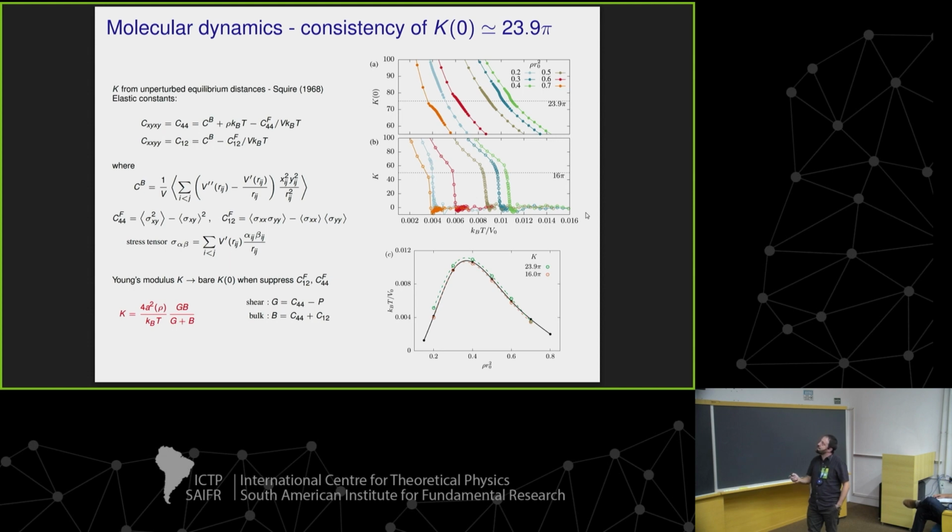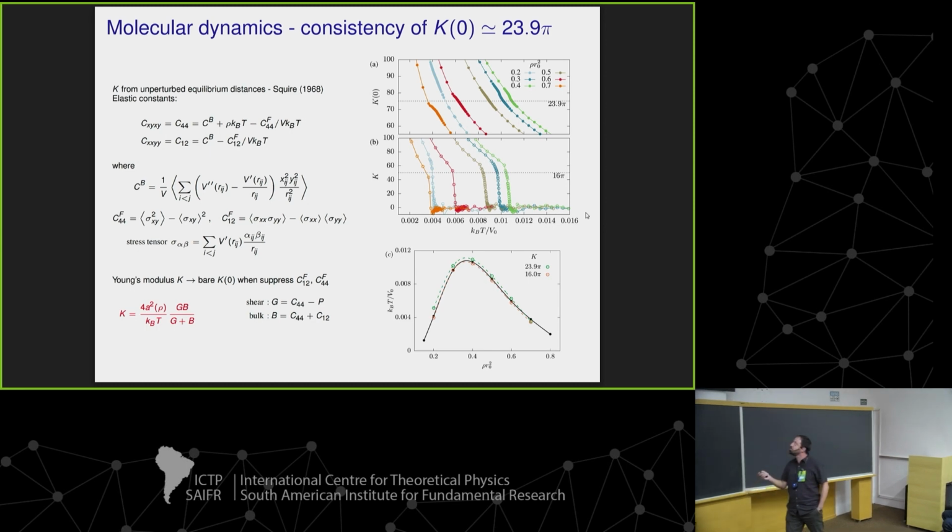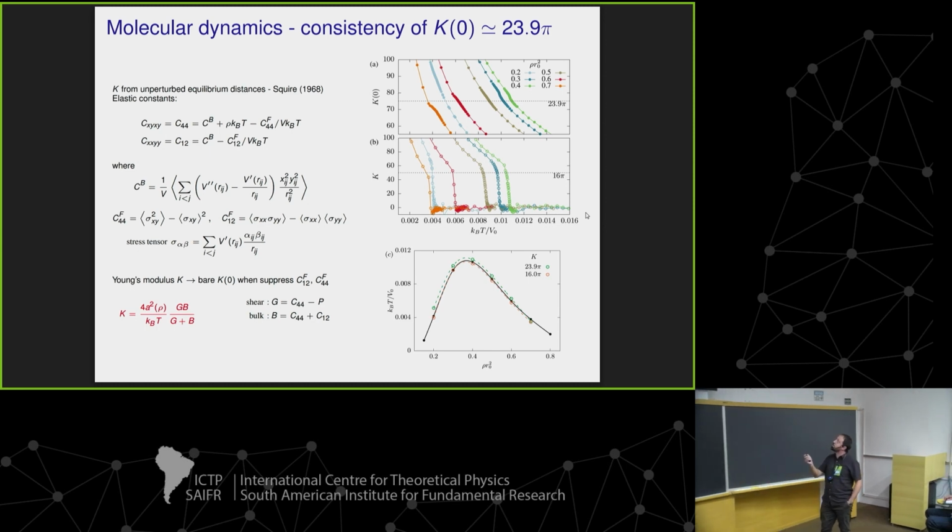And we see that the full Young modulus, with the criterion of the two-dimensional melting theory of 16 pi, gives, in these orange dots, a good estimation of the location of the transition. But also, if we suppress the fluctuation terms, and if we interpret this as the bare modulus, then the condition we arrived at analytically also gives a good estimation of the phase transition.